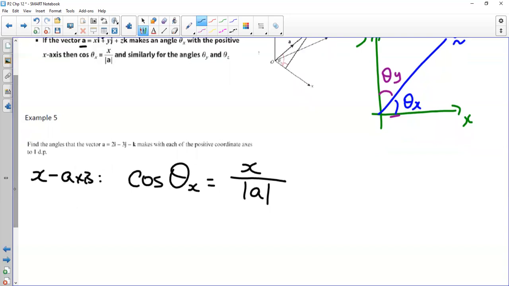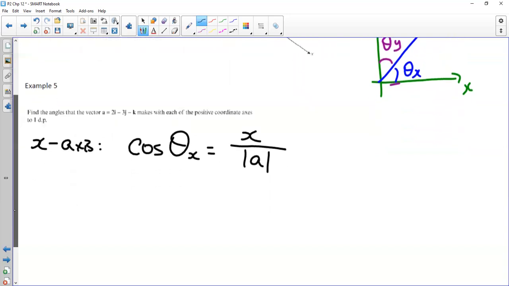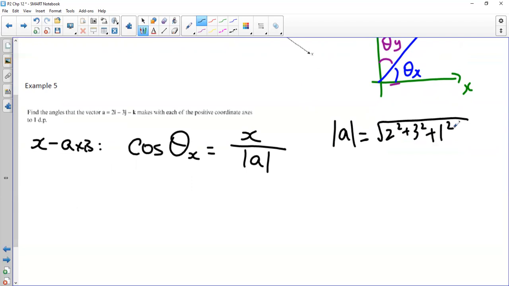Cos theta x equals x over modulus of A. So here, we have to find the modulus of A first. On the side note, the modulus of A, or the magnitude of A, equals 2 squared plus 3 squared plus 1 squared, 4, 9, 13, 14, so root 14. So cos theta x equals x over root 14.